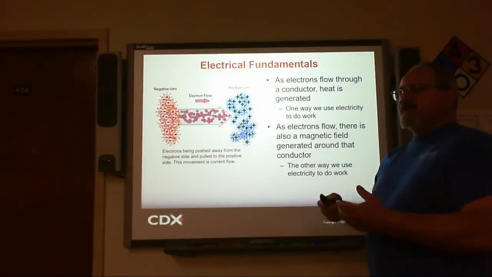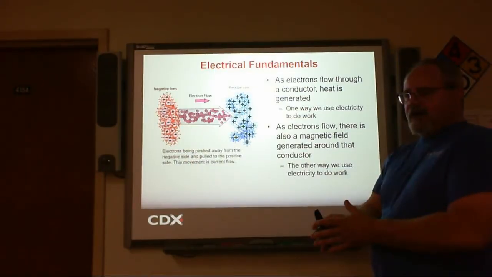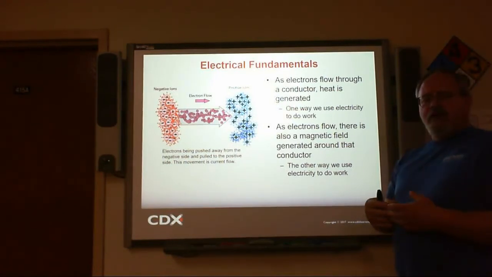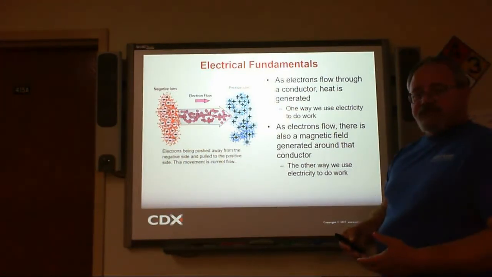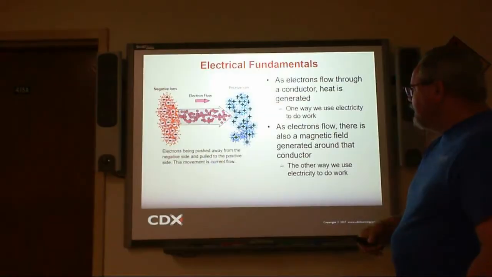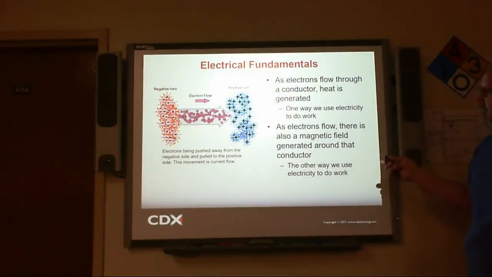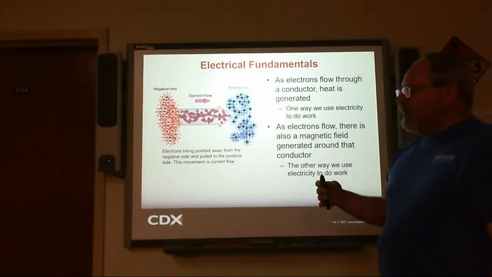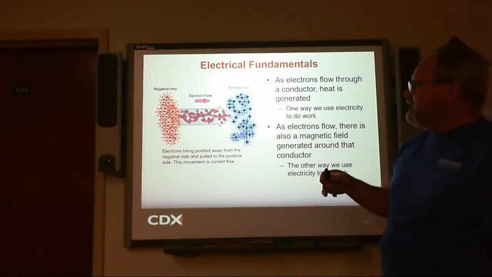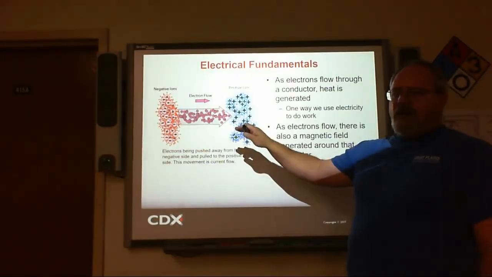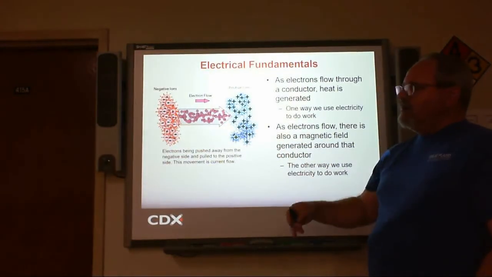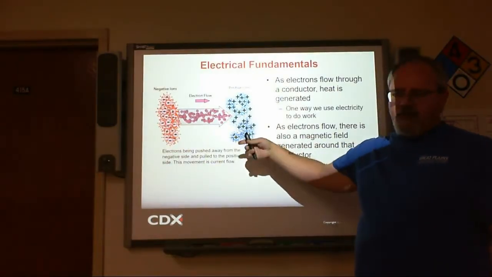It's generated from the actual friction of the particles bumping into each other. So the more electricity we have, the more heat we can generate. Also, as electrons flow, they create a magnetic field around that conductor. That's the other way that we use electricity to do work. When all the electrons are lined up, pointing in one direction and flowing in one direction, it creates a magnetic field around that conductor.